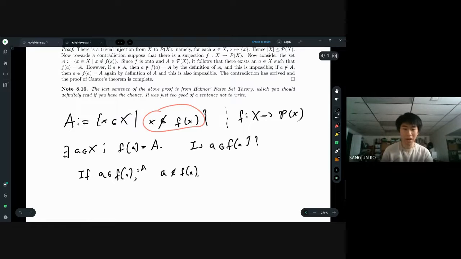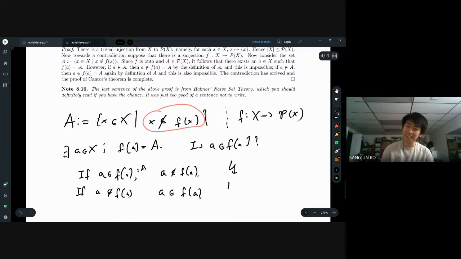But if a is not in f of a, then by the definition of A, a must be in f of a. In either case, we get a contradiction. So both of these possibilities are impossible. The contradiction has arrived, and the proof of Cantor's theorem is complete.